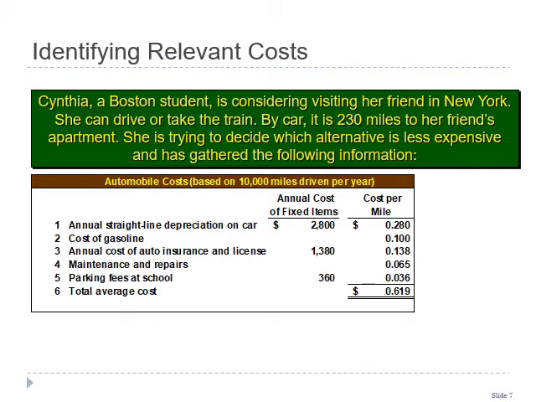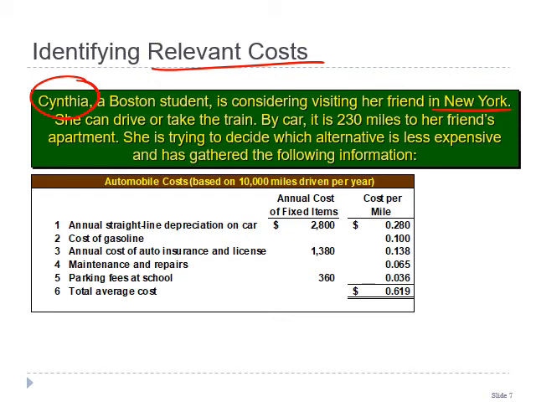Okay, we have a question in which we talk about identifying the relevant cost. So assume the following information with respect to Cynthia, a Boston student, who is considering visiting her friend in New York. She can drive or take the train.